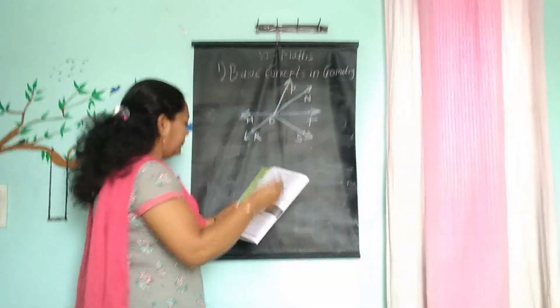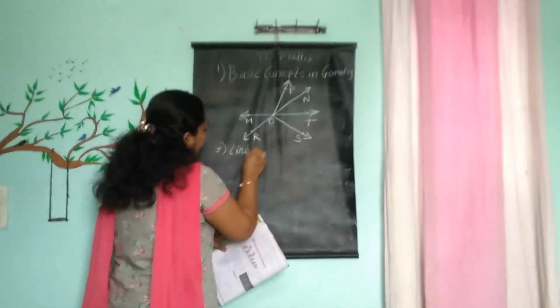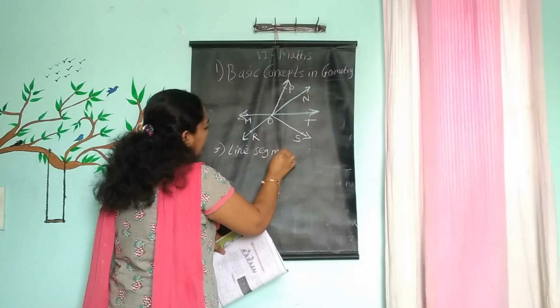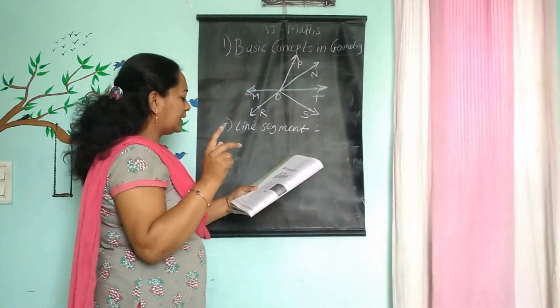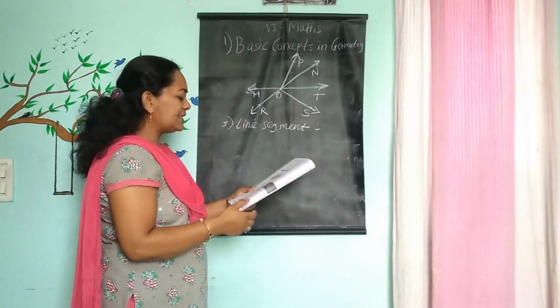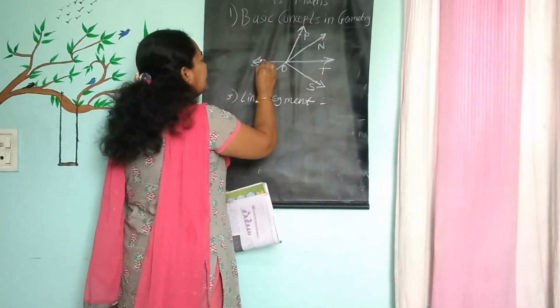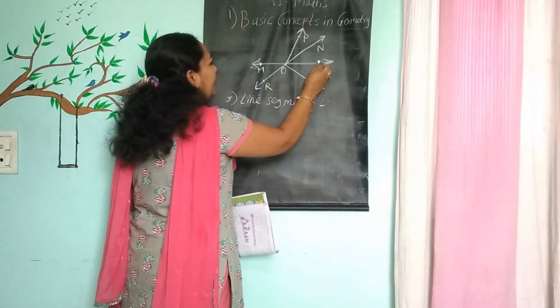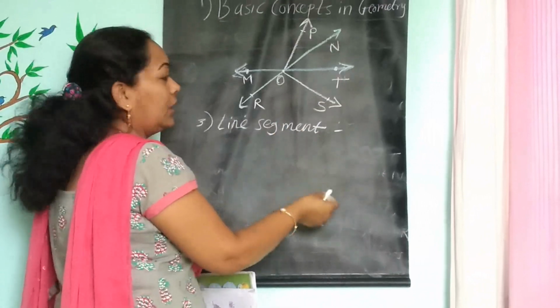Third sub question is line segment. In this diagram, how many line segments are there? You have to mention them. A line segment starts with one point and ends with another point.